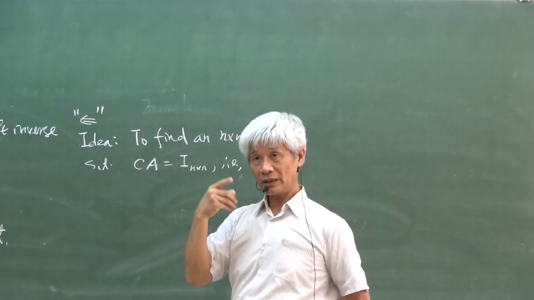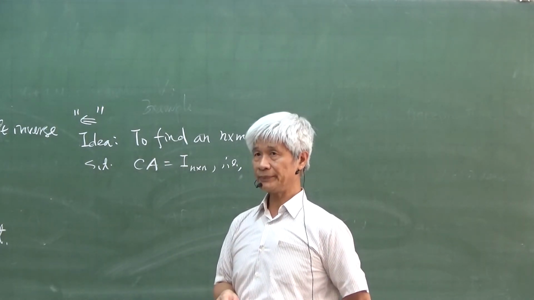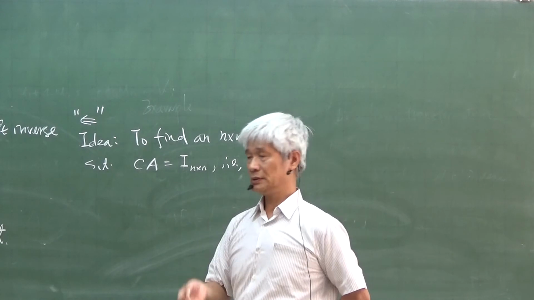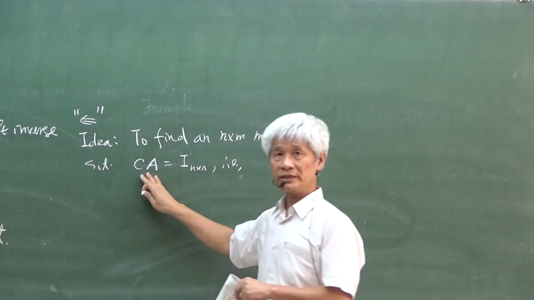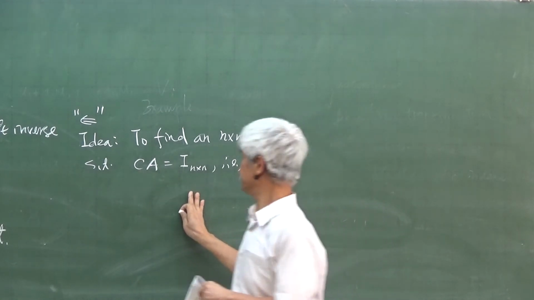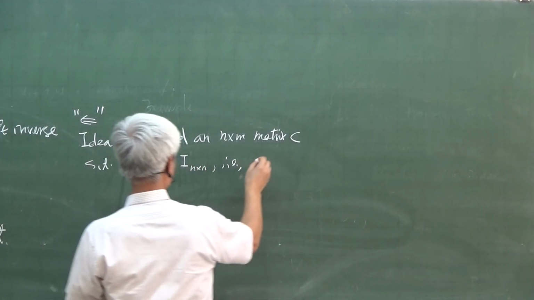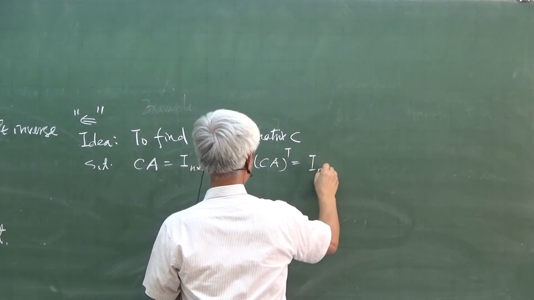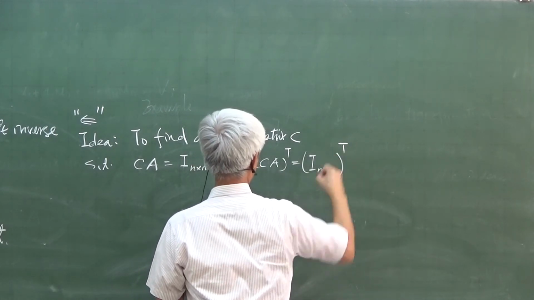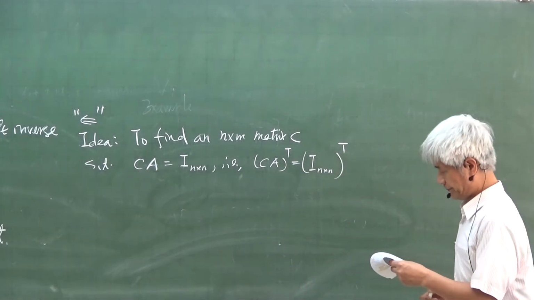So with our experience in chapter 1 of solving linear systems, we transpose both sides. So this is the same as taking the transpose of CA.